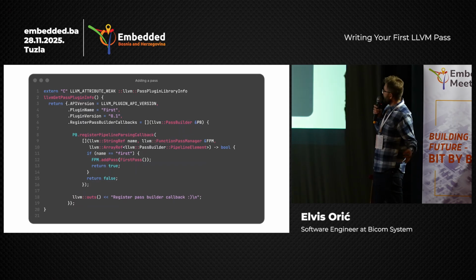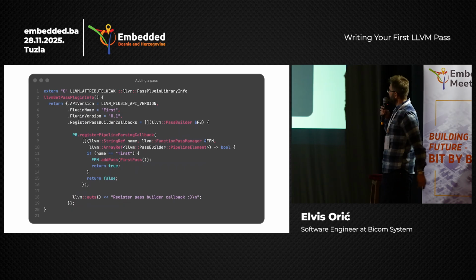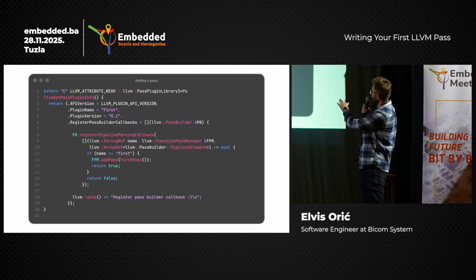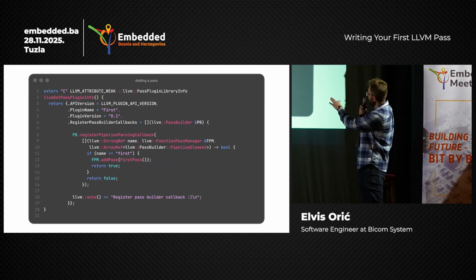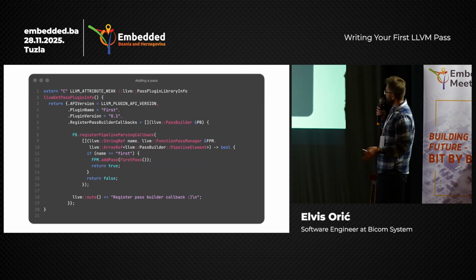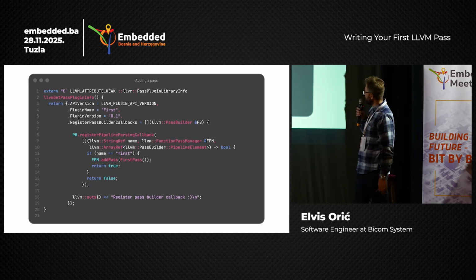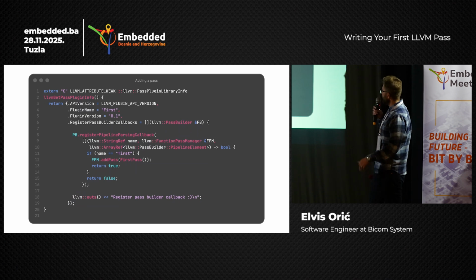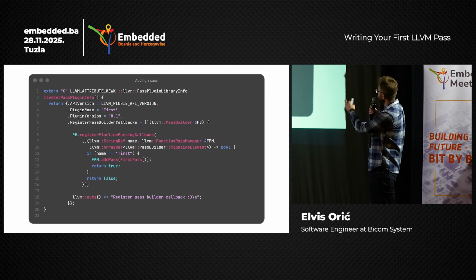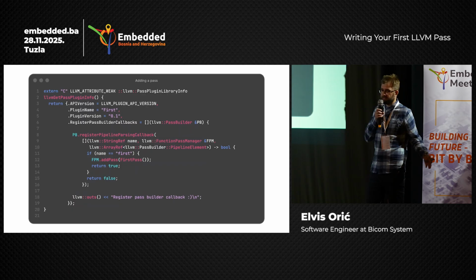But what we can do here is an example where we register one of our passes. Later on you will see that the first pass, on line 12, we are adding our pass. And this pass is a function pass.